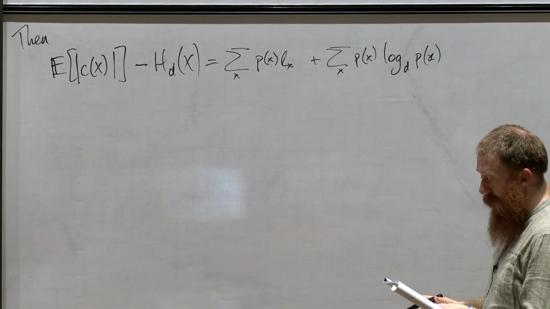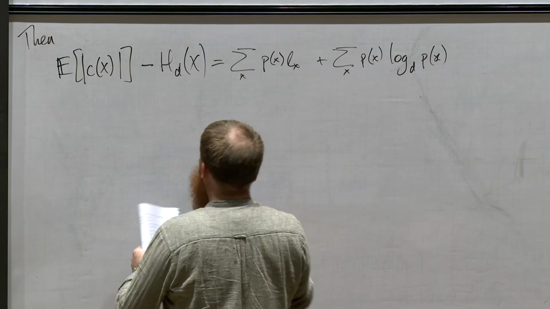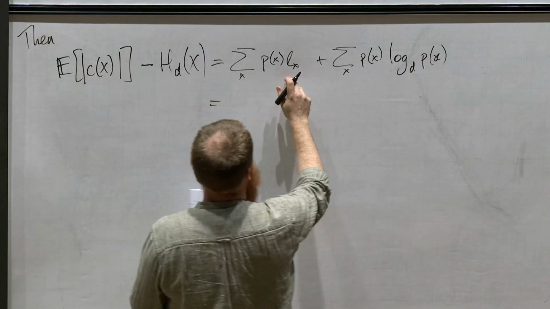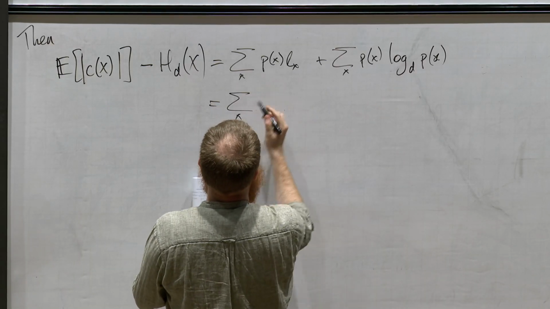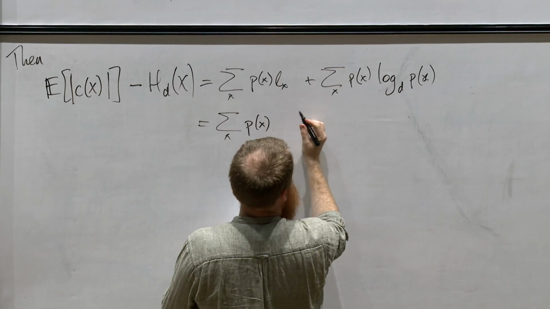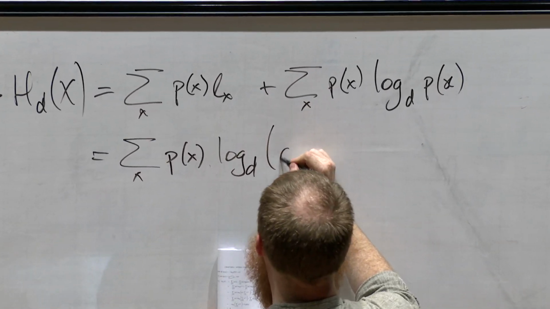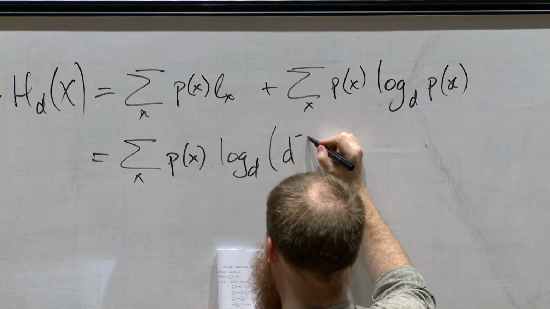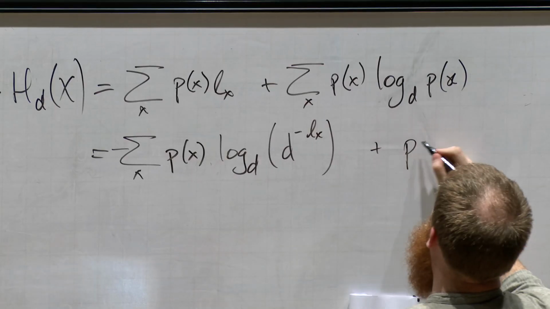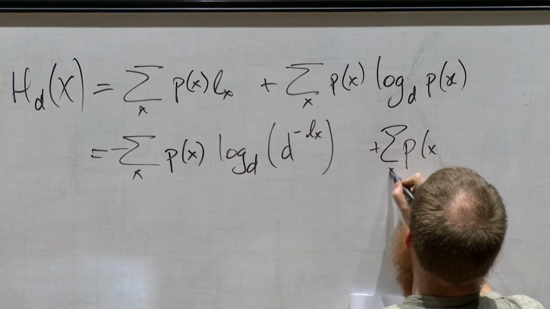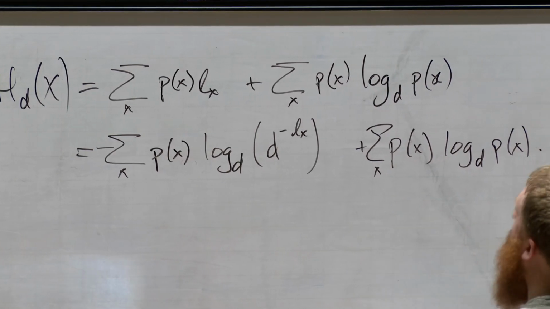Okay, that's just writing out what is going on. Let's rearrange this a little bit. L(x), I'm going to make this look more like this term. So it's the sum over x of p(x) log to the base D of D to the minus L(x), with a minus sign here, plus p(x) log_D p(x).